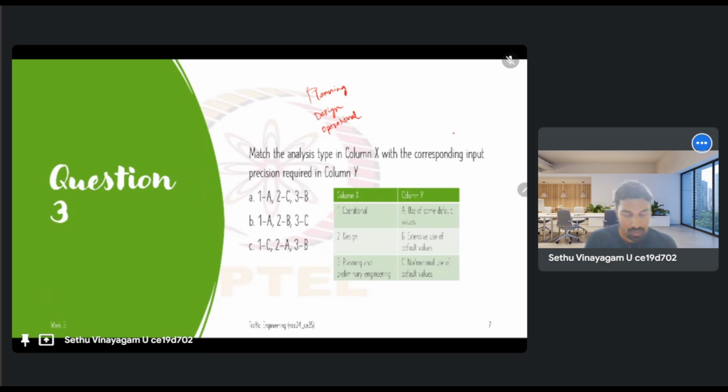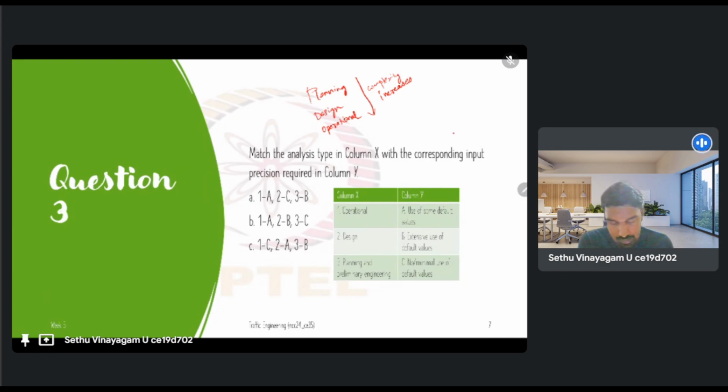So as I said earlier, this is the order in which the complexity increases, right? So planning is the least complex one, and then design, then finally operation.